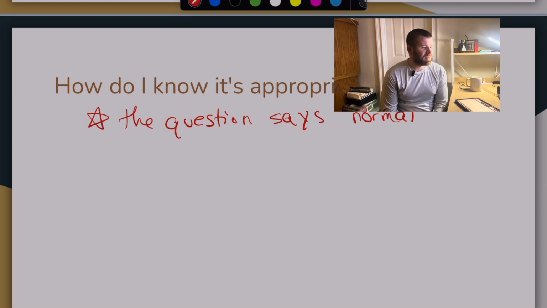So typically in a multiple choice question, you will see something like, the one that comes to mind for me is, the weights of grizzly bears follows a normal distribution. As soon as you see that, I know it's okay to use the empirical rule, to use z-scores, to use everything that comes with the normal distribution.